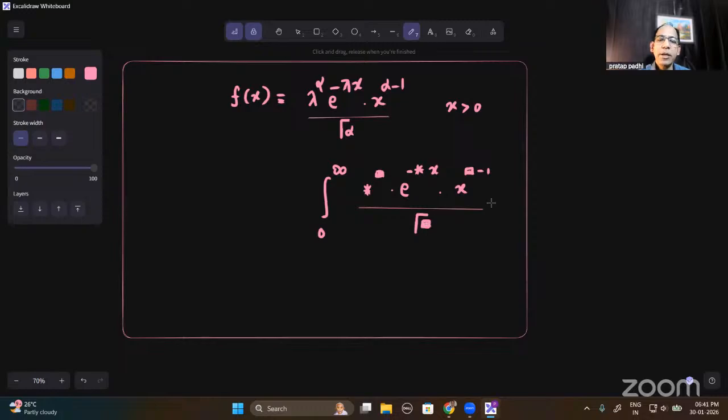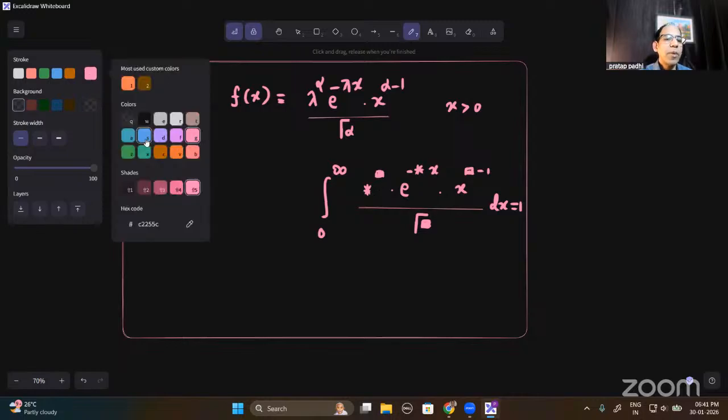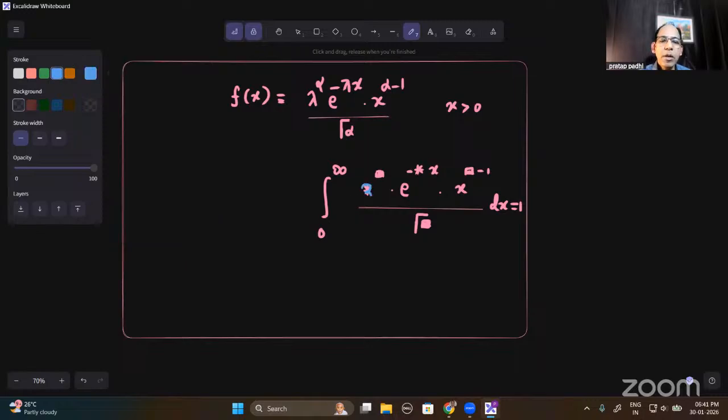If I write this and integrate, it will be equal to 1. That means anything you write here, just anything. Let me replace it by these two values. Wherever there is a star, I will write 3. Wherever there is this square, I will write 5.